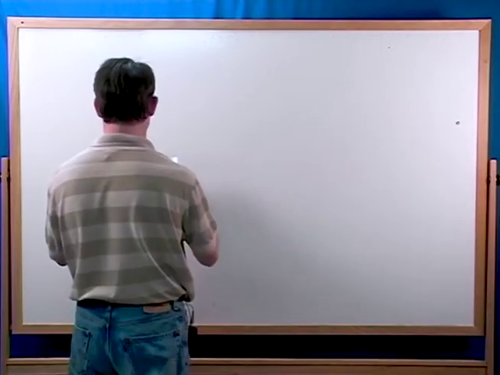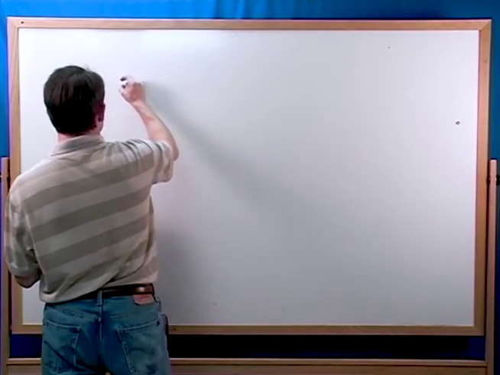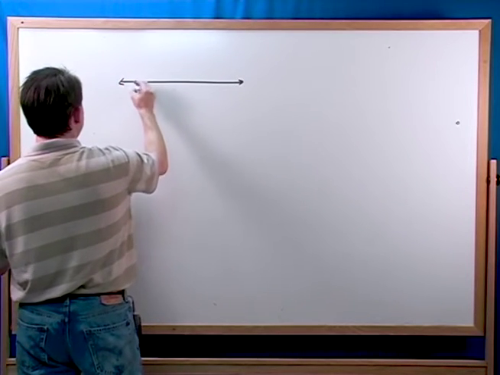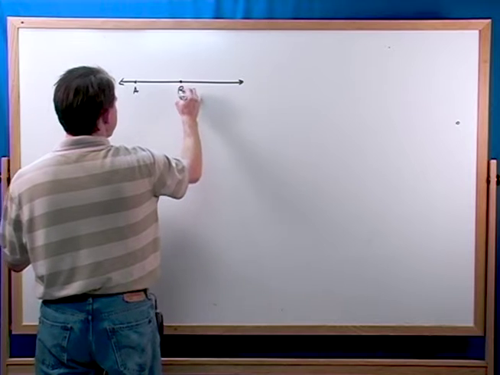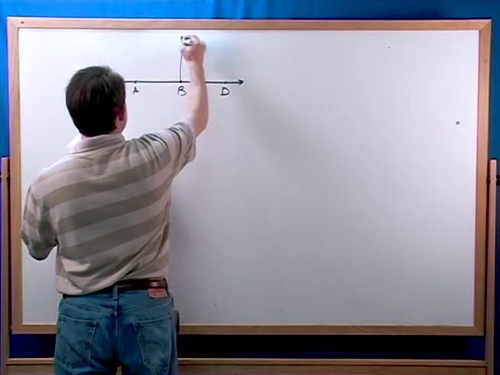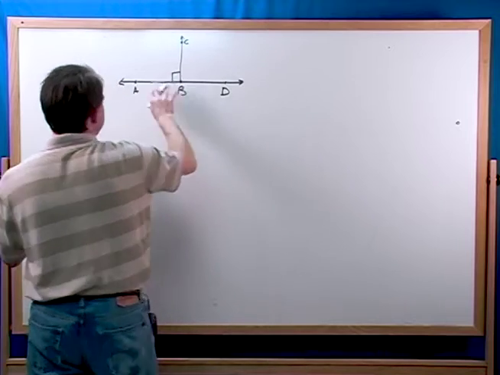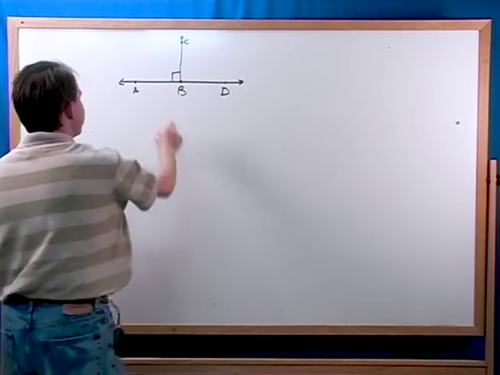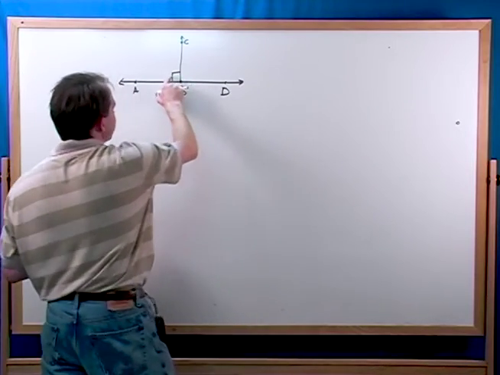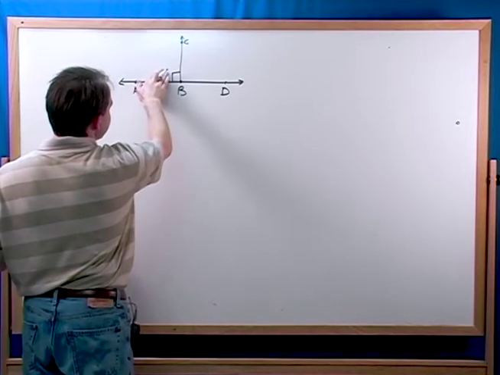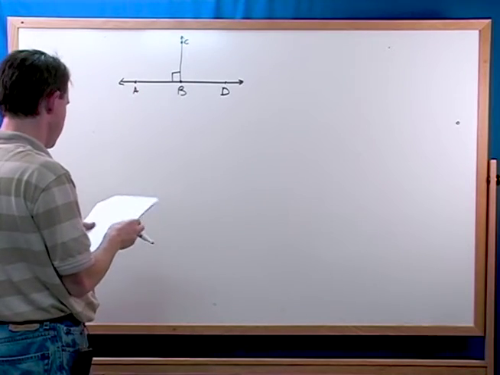What if we had something like, here's a straight angle here with point A, point B, point D, and here we have point C, and this is a right angle. This is all given to you in the drawing, right? The question is, what is the supplement of the right angle below? I mean, the question on your paper might be, what is the supplement of this angle, this right angle, okay?